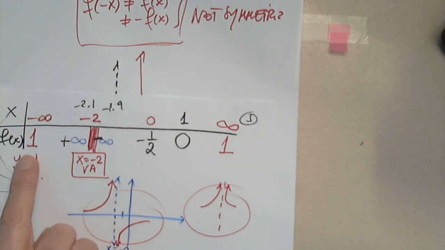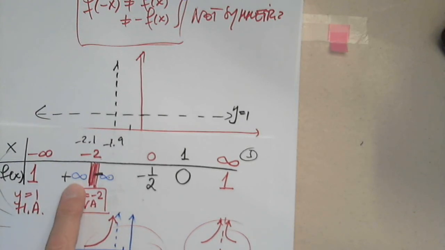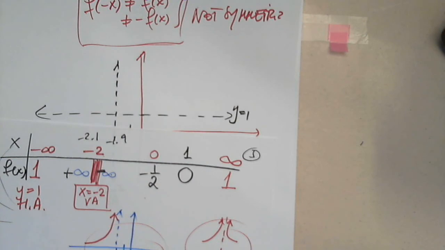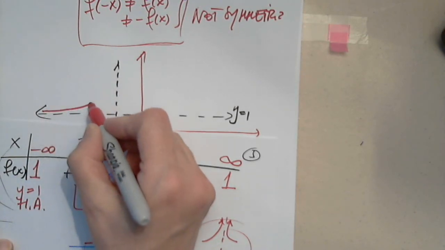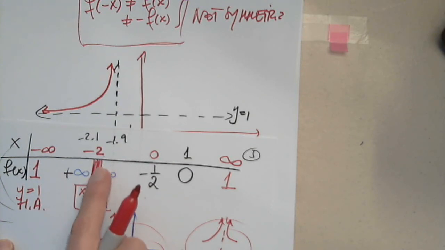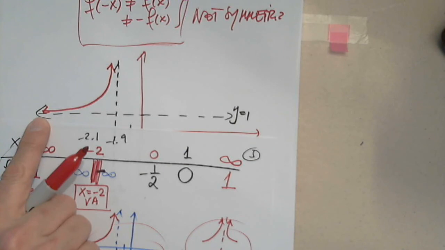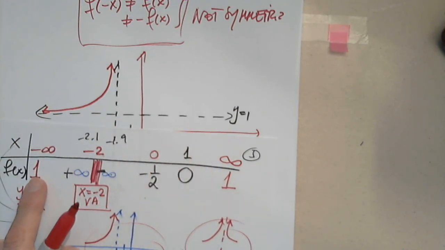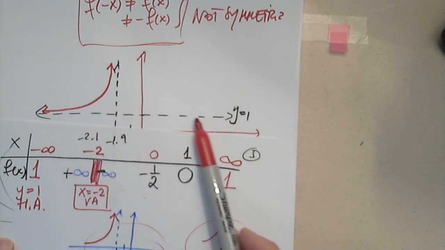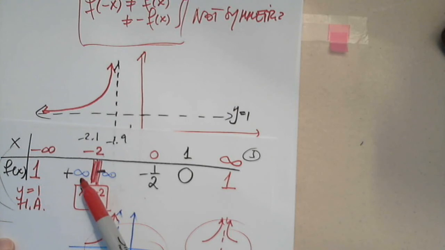This side says, from approaching 1, go to infinity, on the left-hand side of the vertical asymptote. From 1, don't touch. Although I'm going to write down that a function can cross the horizontal asymptote, but it will never cross a vertical. So from 1, go to infinity.